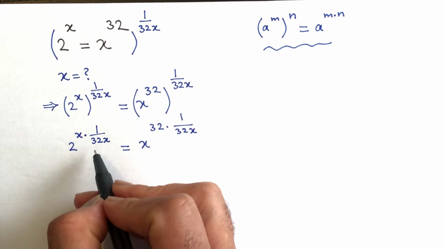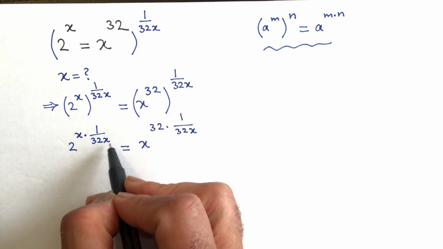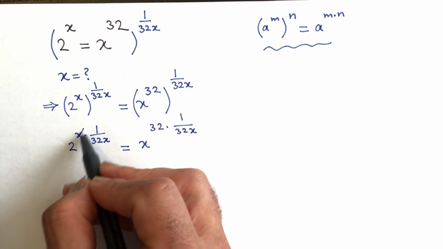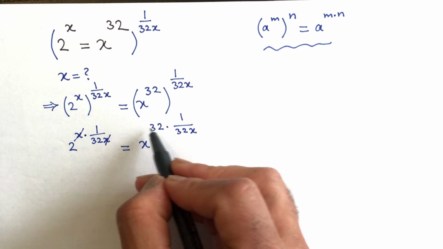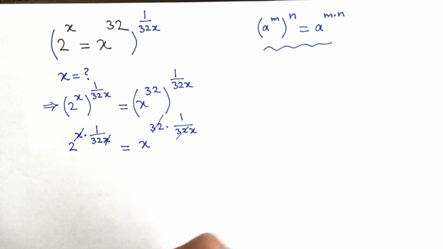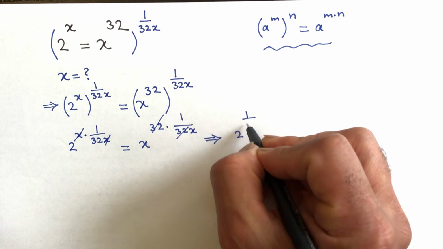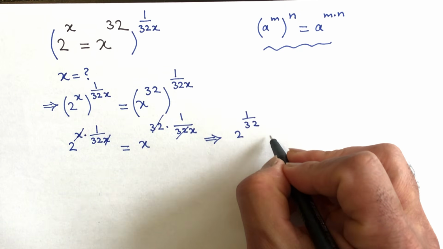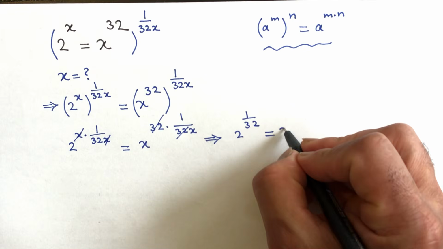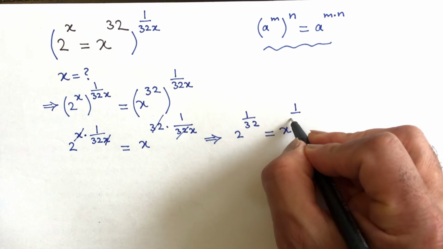Now I can simplify the powers like this. x cancels with this x and 32 with this 32. Now I have a new expression: 2 to the power of 1 over 32 equals x to the power of 1 over x.